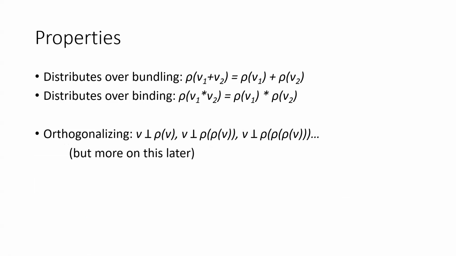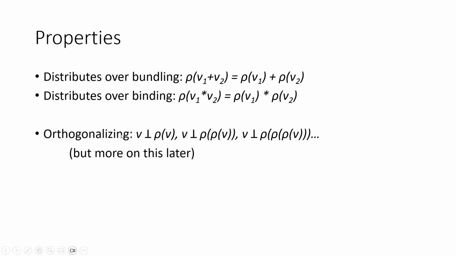But in the context of VSAs, the permutation has a couple of nice properties. As binding distributes over superposition, so too does permutation distribute over both addition and multiplication, or both superposition and binding.